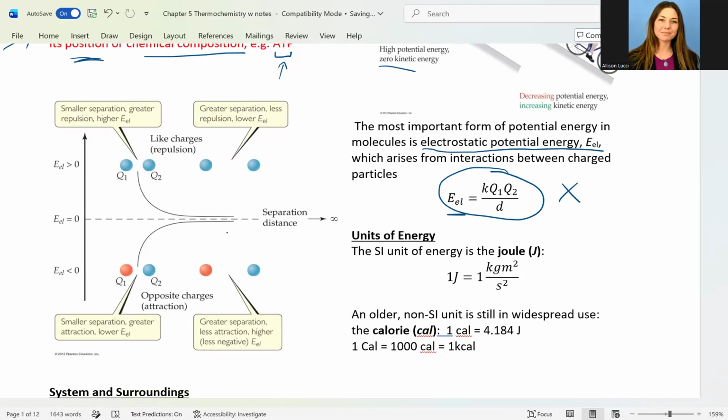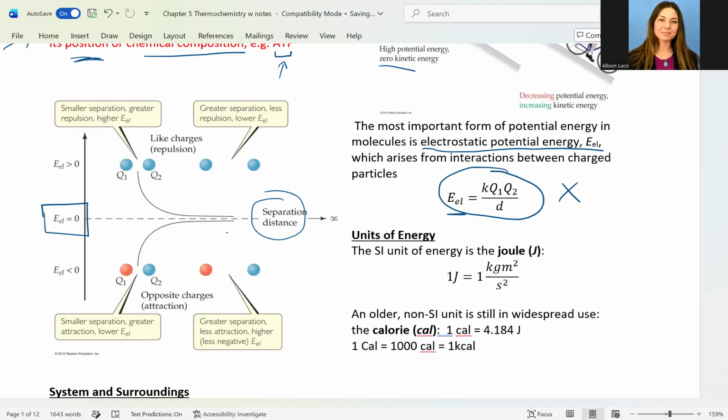And what we see over here is that when we have certain compounds, certain charged particles, a certain space or separation distance is the perfect space so that we have this energy so that the ions will combine.